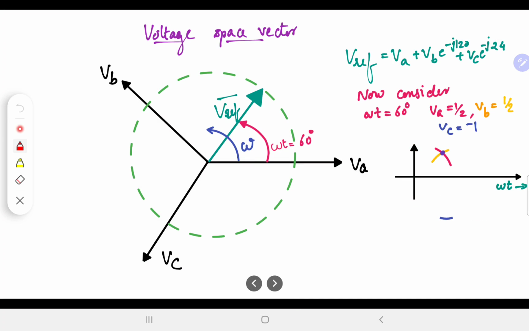Okay, so let us consider omega t equal to 60 degrees. What would have happened in the voltage waveforms at 60 degrees? Consider Va equal to Vm sin omega t.